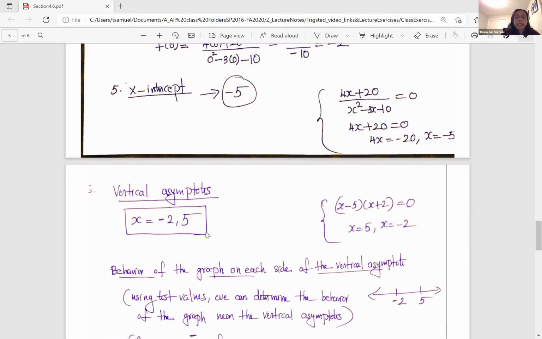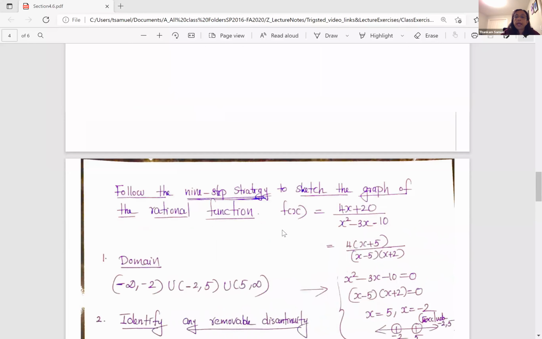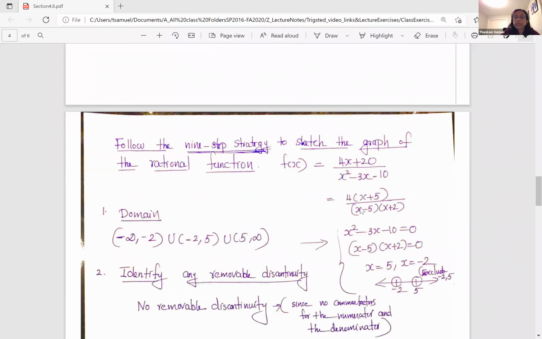To find the vertical asymptotes, the rule is that we need to factor the numerator and the denominator of the function. If you have any common factors, cancel them. Then set the denominator to 0. In this case, there are no common factors in the numerator and denominator.